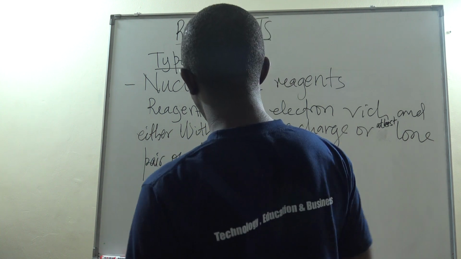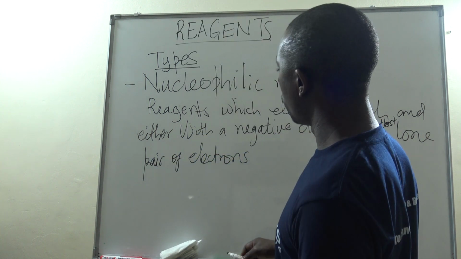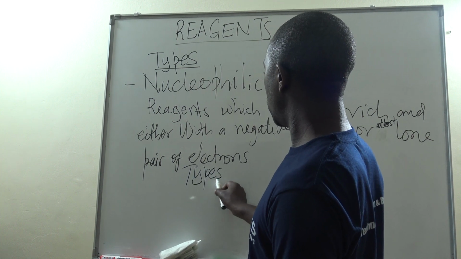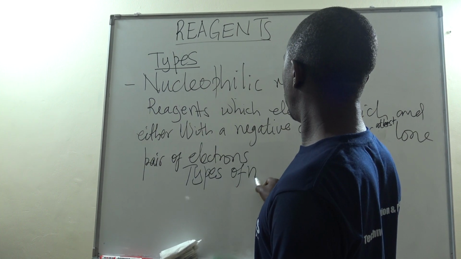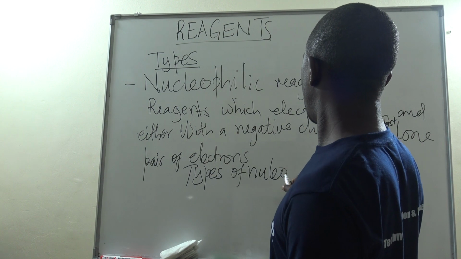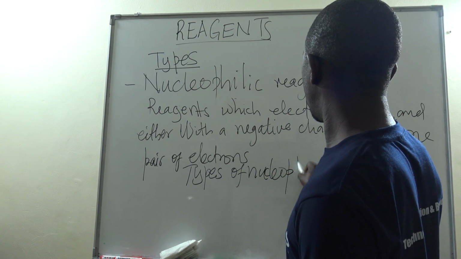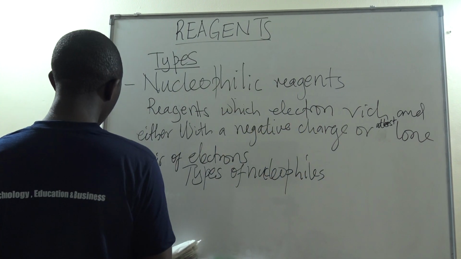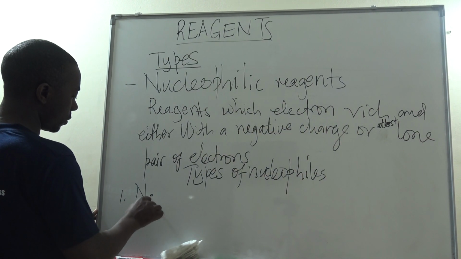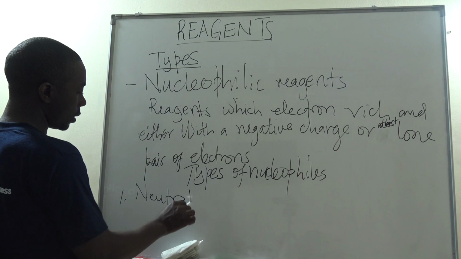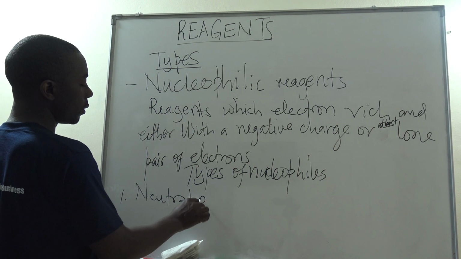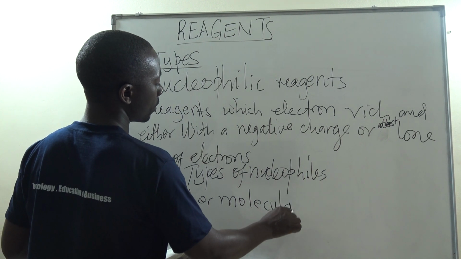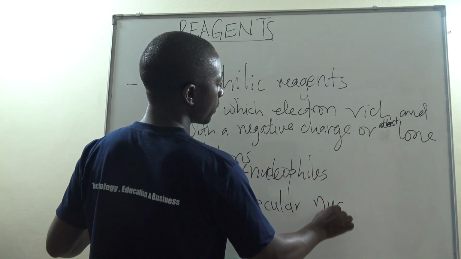Now, we have types of nucleophiles. They are further subdivided into two types. The first type is the neutral, or we can call it molecular nucleophiles.